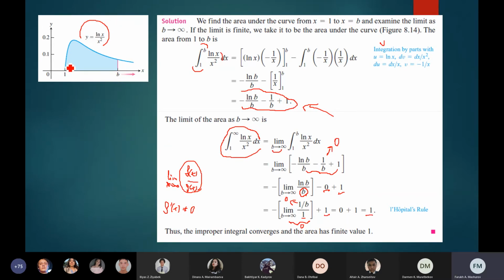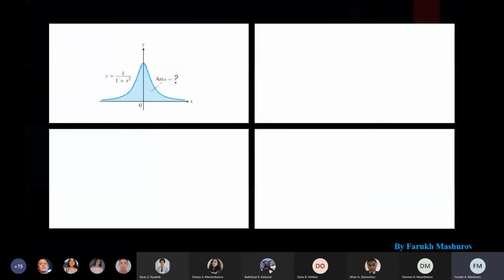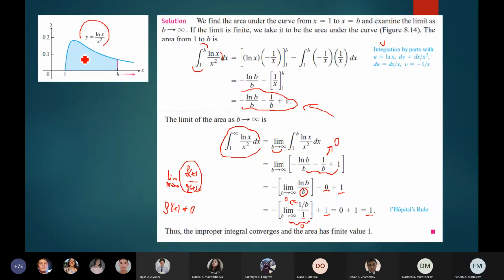So let me write, yeah, the area of this object when we let b approach infinity, when this one goes to infinity, it means that the area of this object is equal to just 1.